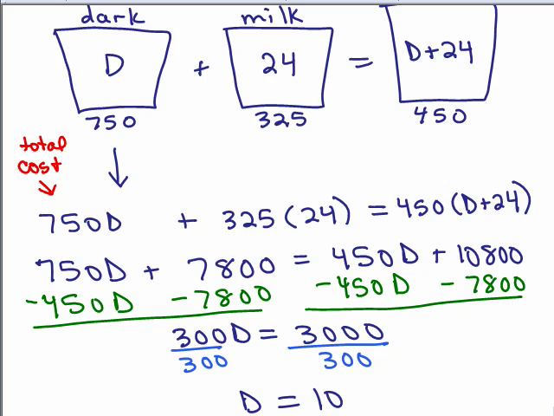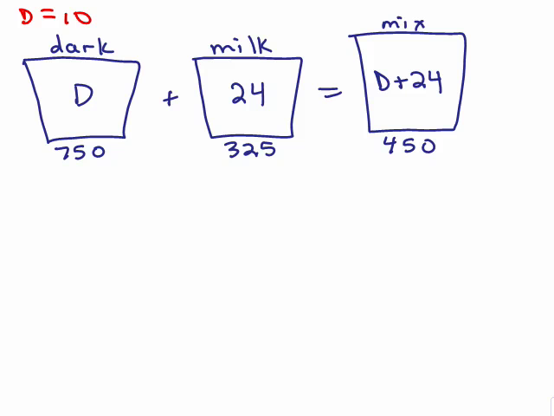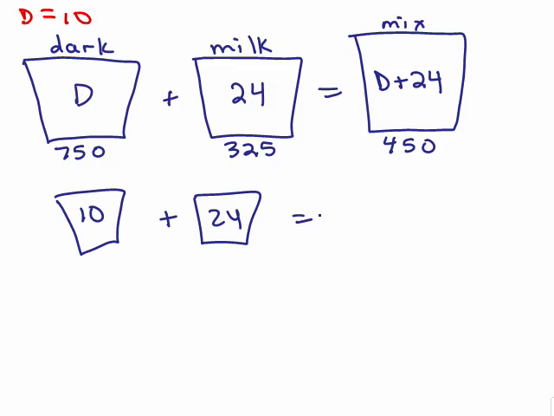Let's draw a picture again. Look at our original picture, and we found out that D was 10. So if we draw that again, now we've got 10 in here, 24 in here, and if you add it together, 10 and 24, you would get 34, right?